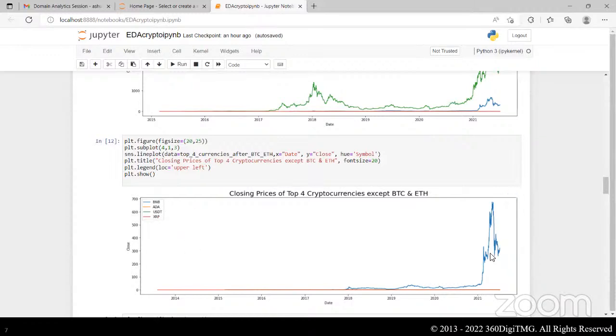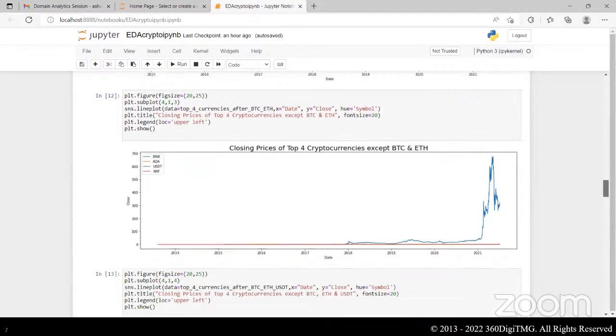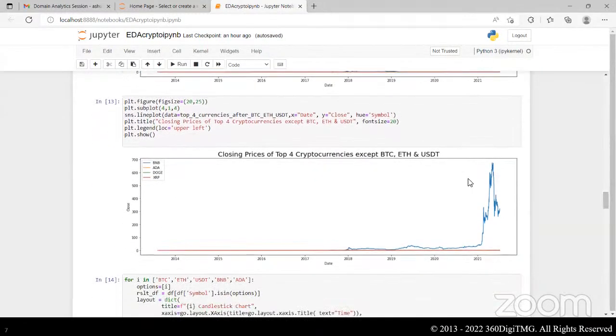I'm trying to find the closing price of top 4 cryptocurrencies except BTC, Ethereum, and USDT. So here, if you see BNB, that is having a closing price of somewhat 680 or 690. XRP is again lying at the lowest.